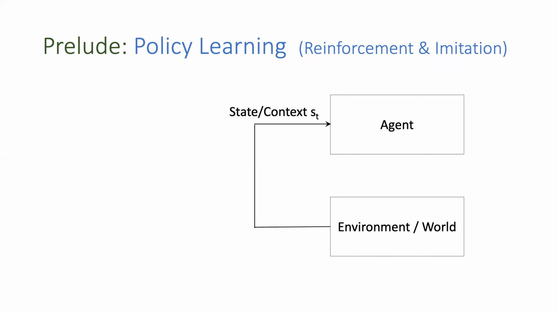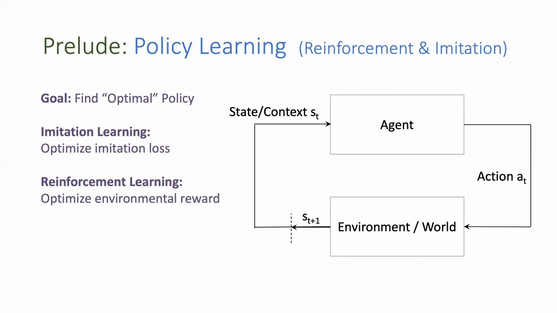The environment gives a state to the agent. This is the standard reinforcement learning lingo. The state could be the current intermediate solution of this optimization problem. The agent takes an action, a local update to the current solution, and then we repeat. The optimization problem gives you a new state.